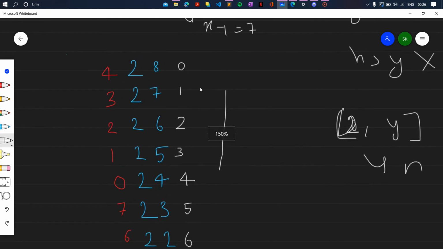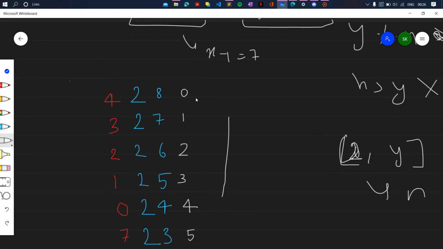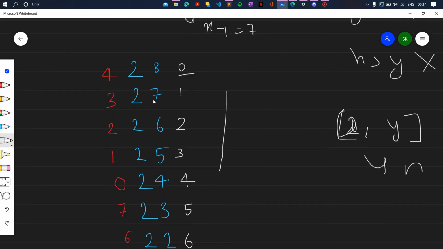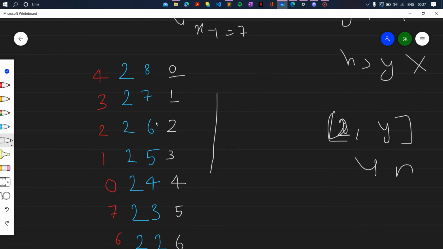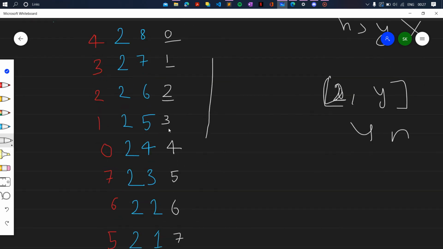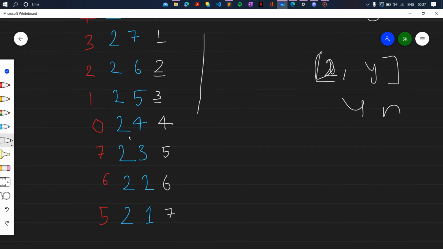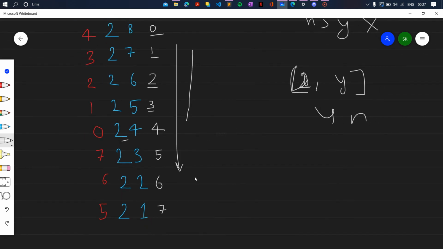Now for value n equal to 28, y mod n would be 0. For this, y mod n would be 1. For this our y is 28, so 28 mod 26 would be equal to 2. These all are values of n in the blue font, 28 down to 21, and these are the values of y mod n.